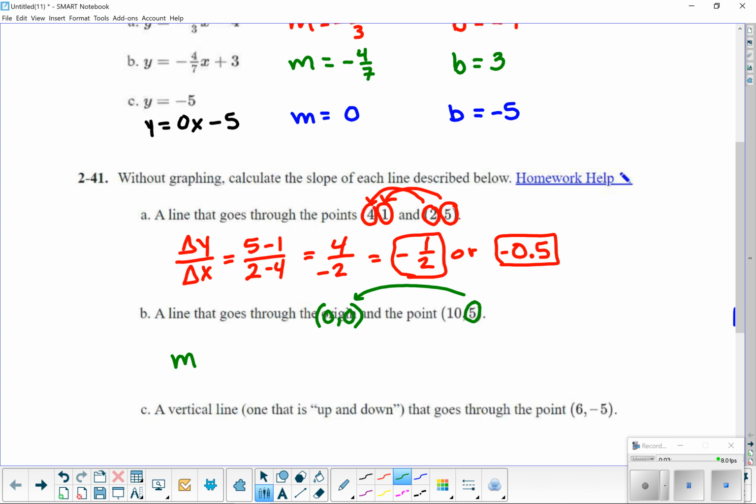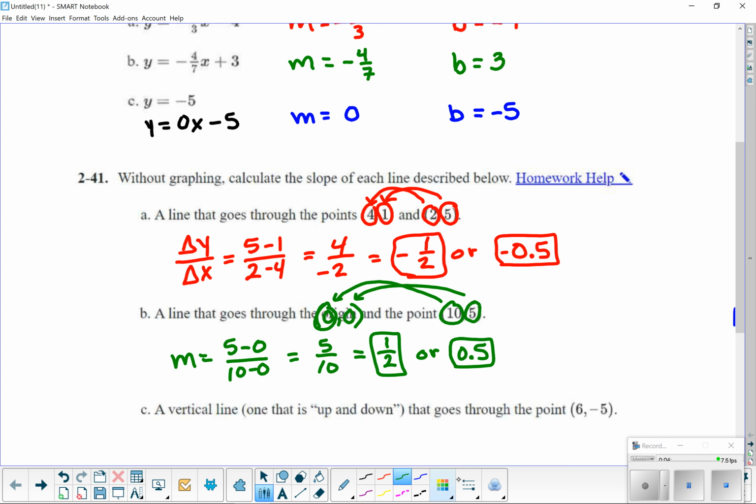So m is going to be 5 minus 0 over 10 minus 0. So you will have 5 over 10, which if you divide both by 5, you will get 1 over 2, or you can call this 0.5. So that could be an answer, or 1/2 could be an answer.